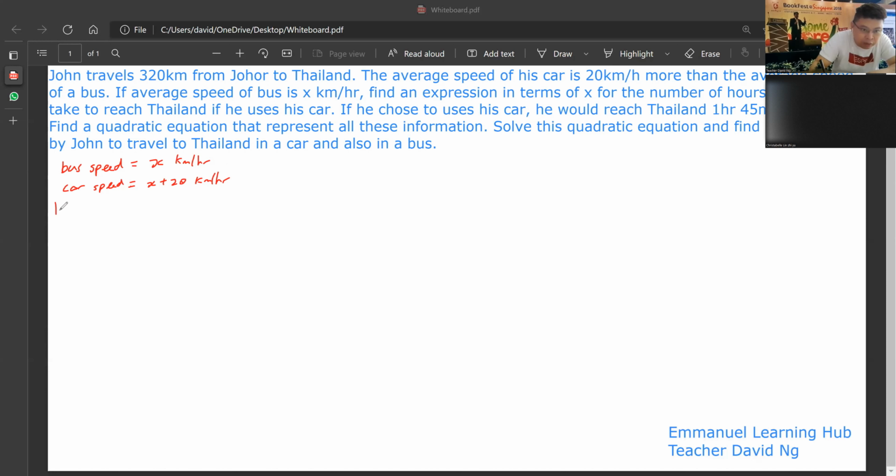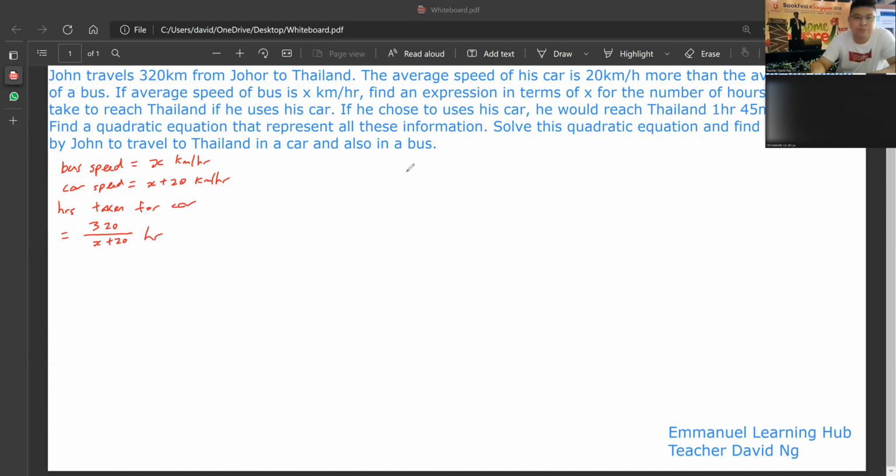So hours taken for car. The hours taken for car is 320 divided by this. Distance divided by speed gives you the time.